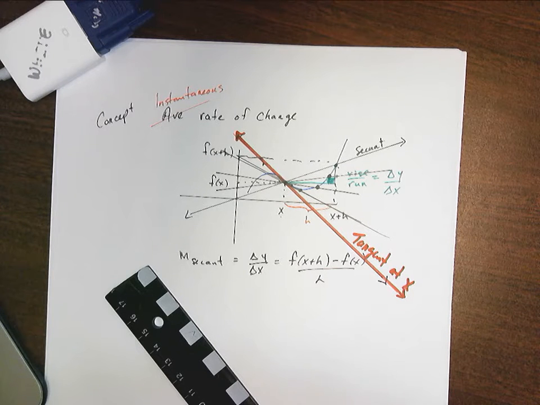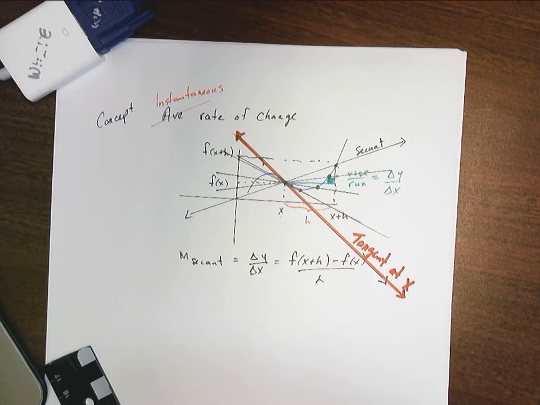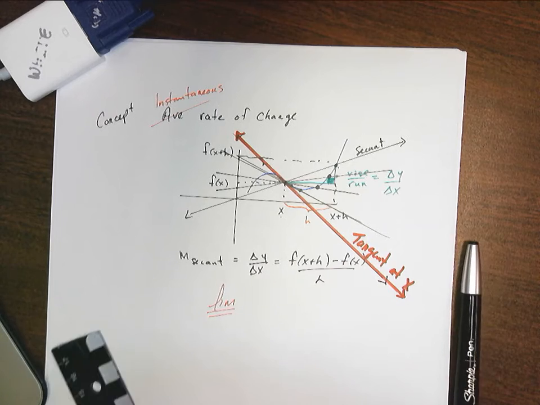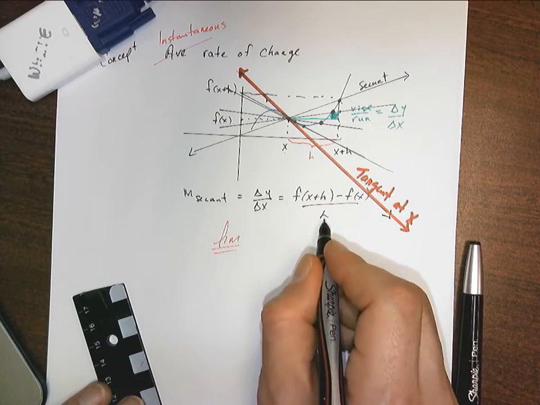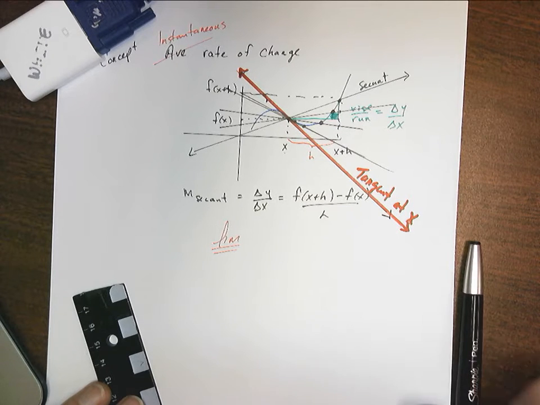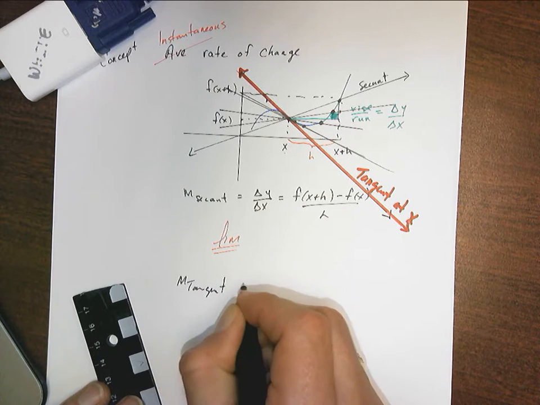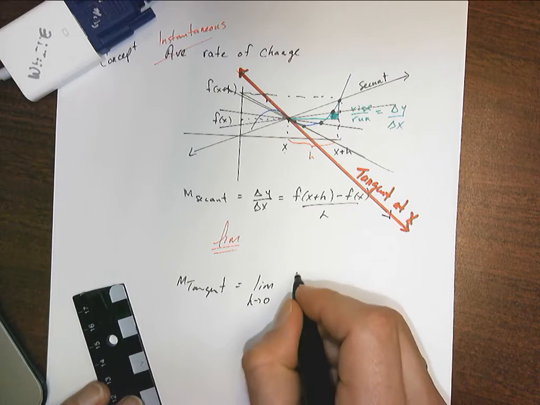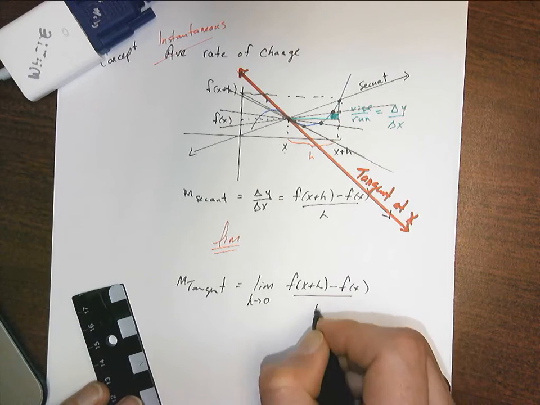The slope of the tangent will be calculated by doing a neat little thing, this concept called a limit. Okay, really neat little idea. And what we're going to do is apply a specific limit, as h gets to 0. So the m of the tangent is now going to be equal to the limit as h approaches 0 of f of x plus h minus f of x over h.